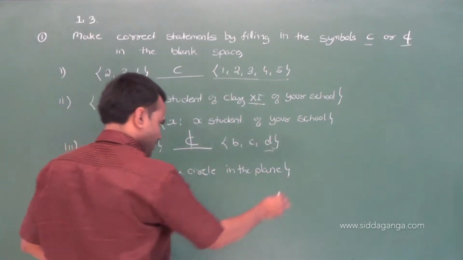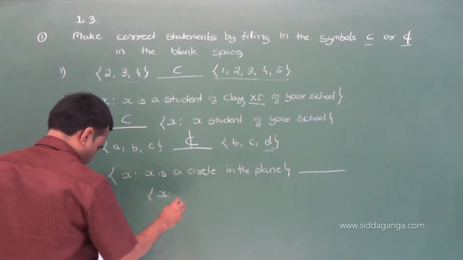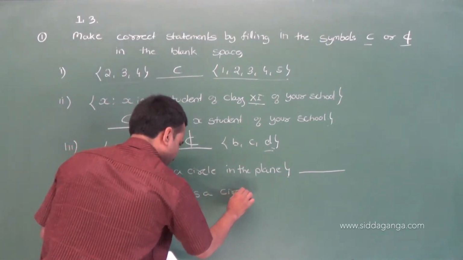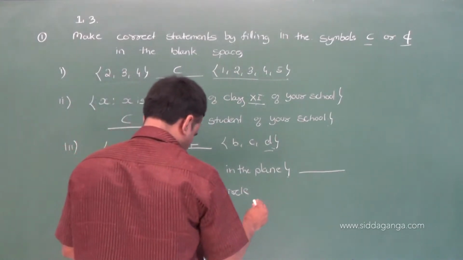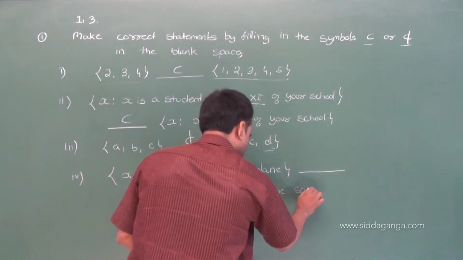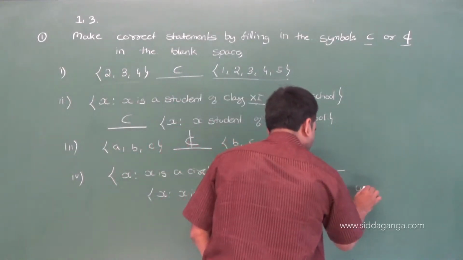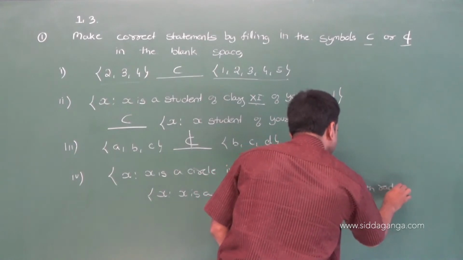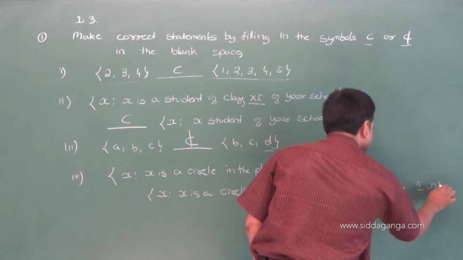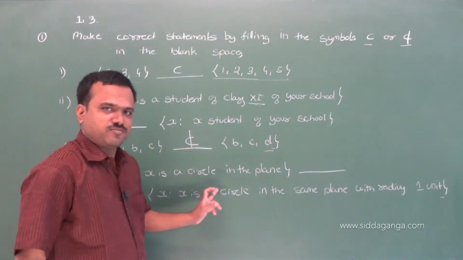Right below, X such that X is a circle in the same plane with radius, very important, radius 1 unit. So observe this set first.